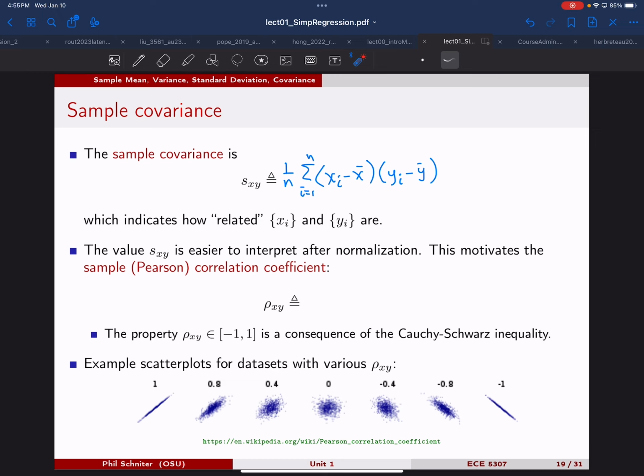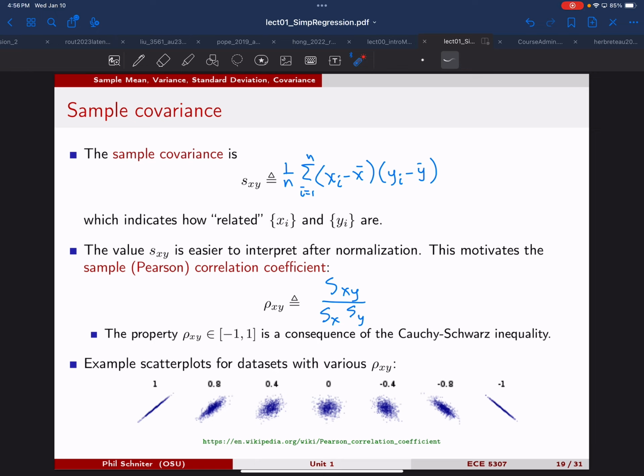And the way that you can do that is you can take SXY as defined above and divide by the standard deviation of x and the standard deviation of y. And now, if you double x, the numerator will double, but the denominator will also double. So now it's invariant to the scaling of x.